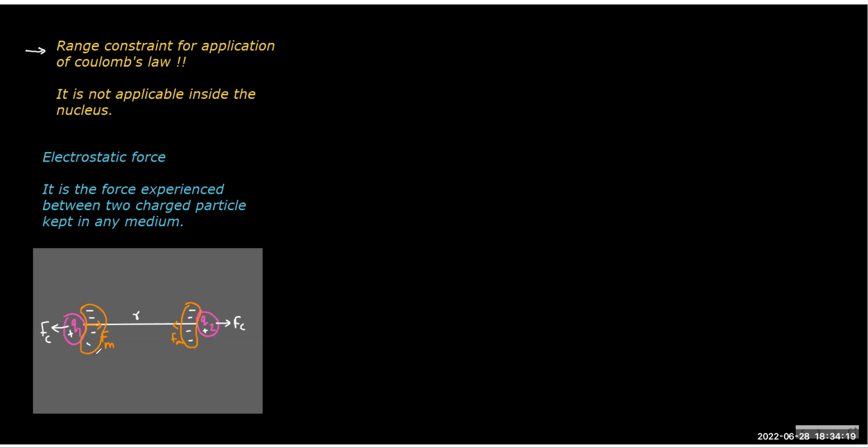So how much is Q1 actually experiencing now? I can write Fe. Fe is called the electrostatic force. So the actual force that the charged particle will experience will be the difference of the Coulomb force and the force that the medium will apply.